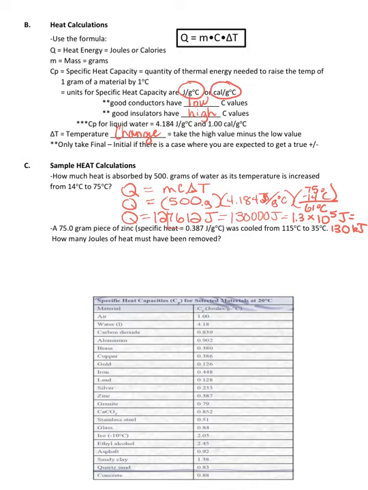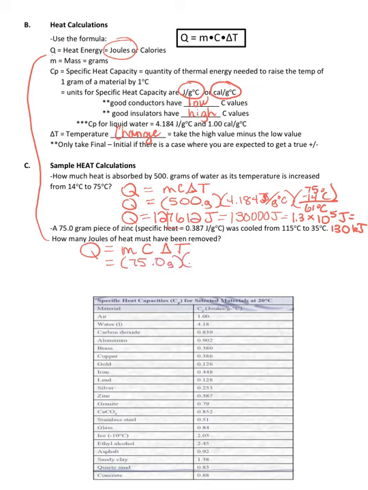All right, another one. A 75-gram piece of zinc was cooled from 115 degrees Celsius to 35 degrees Celsius. How many joules of heat must have been removed? So they're asking for joules of heat. Joules is a unit, so they don't ask specifically, but since joules is a unit of Q, then I know I'm solving for Q. So mc delta T. M is 75.0 grams.